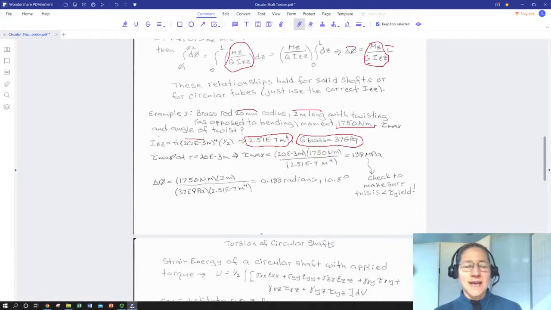We know that our tau max is going to be found at r max, so at the outer surface. So we know it has a 20 millimeter radius, so our tau max is going to be at 20 times 10 to the minus 3 meters. So we just put that particular r into our tau as a function of applied moment and moment of inertia, and we get 139 megapascals.